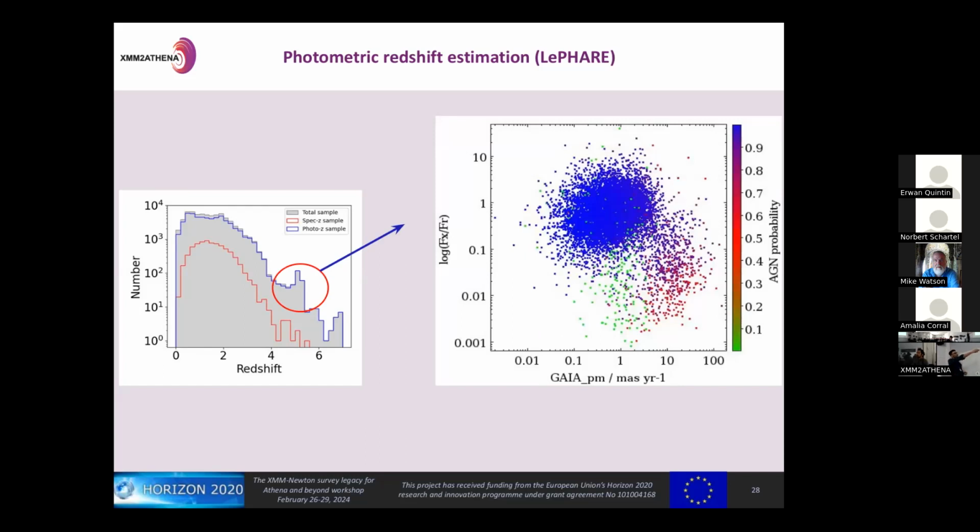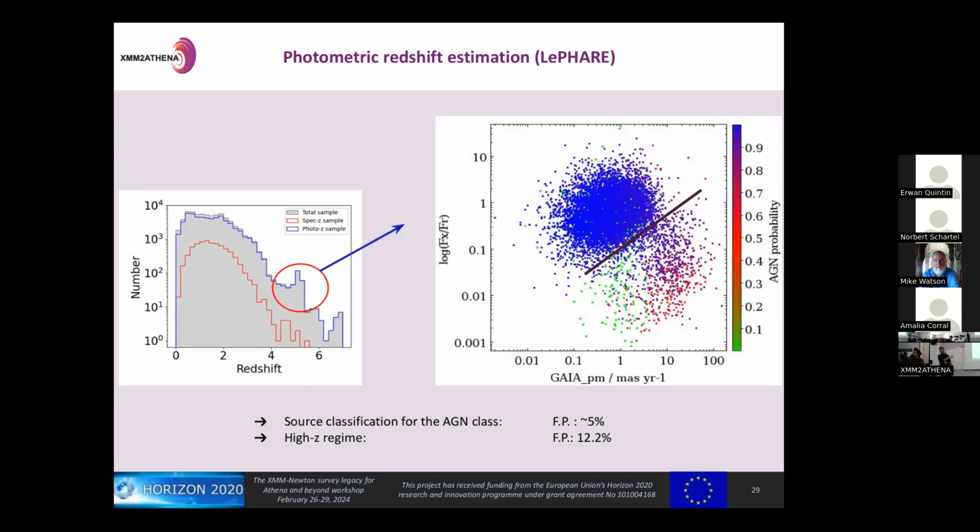So here I plotted all the Gaia cross-match of the whole sample, and you can see that there are two regions. Here is actually the AGN, and here down are the stars. And I have color coded with a different AGN probability. But even here we have some with probability of 0.9, but they are actually stars.